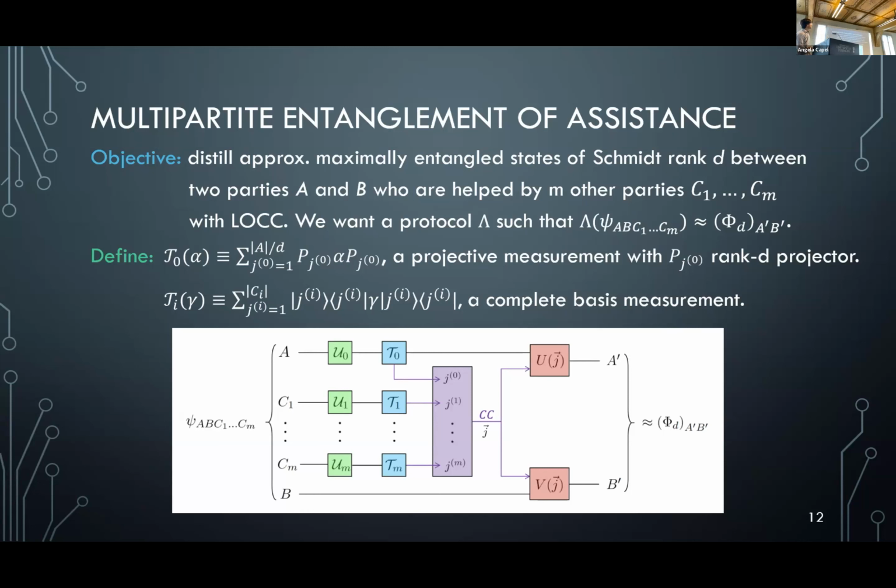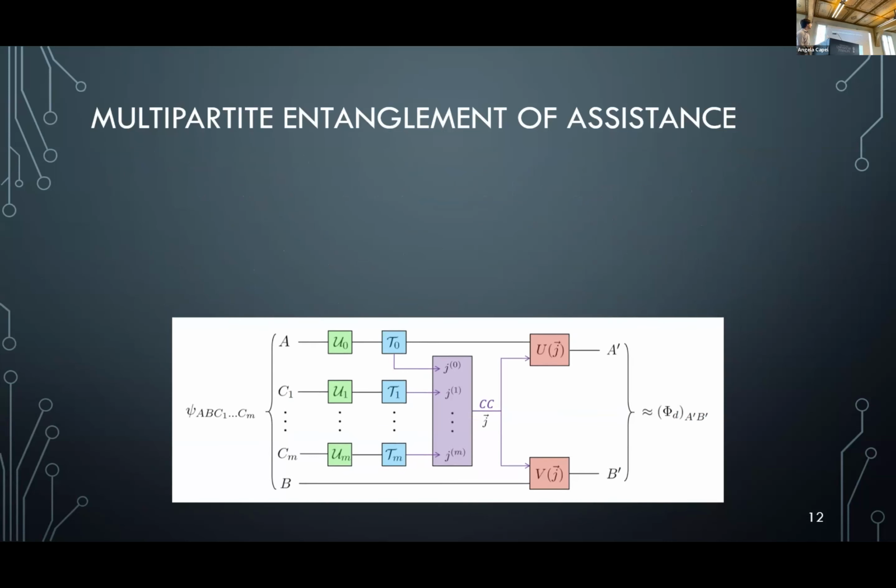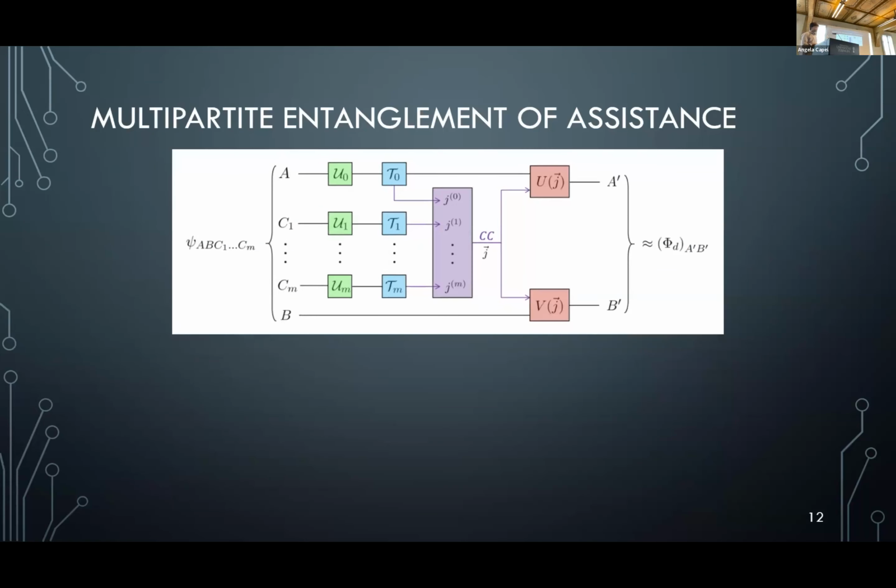We will store the outputs that each of these measurements gives us, and then I will tell you in a minute how, by broadcasting these outputs classically, we can define the unitaries that allow us to finally get the maximally entangled state. So the idea here is a bit different from the one before.